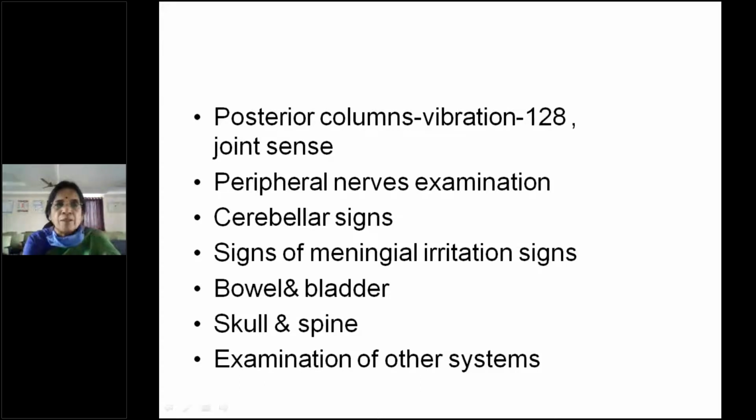Another thing is joint sense. You can test any joint, provided the joint is fixed and the movement, flexion and extension, does not exceed more than 10 degrees. With open eyes, first we have to teach the patient. If you are examining the lower limb, you can choose the great toe, fix it, and flex it and show this is flexion, and if you extend it, that is extension, and then neutral position.